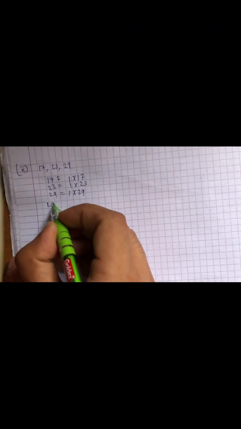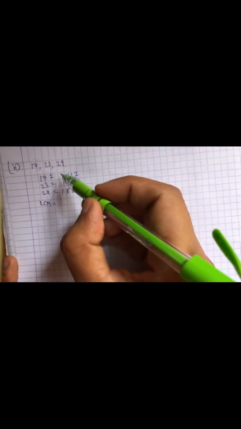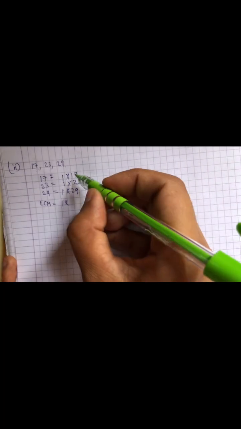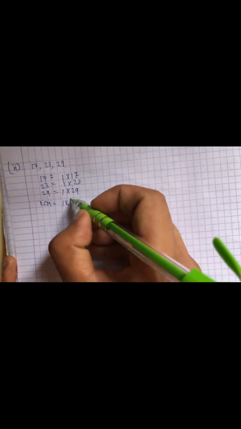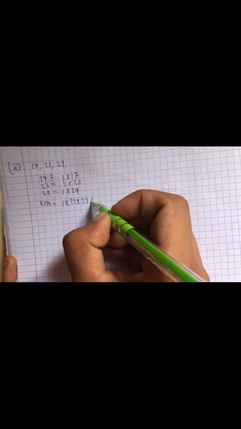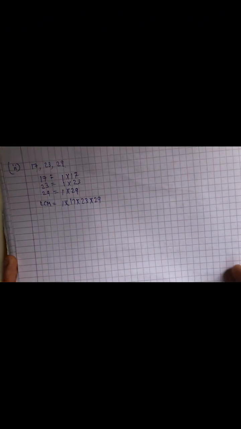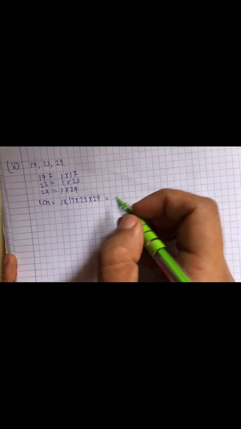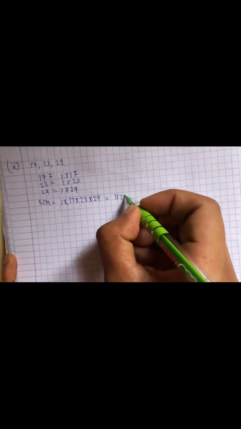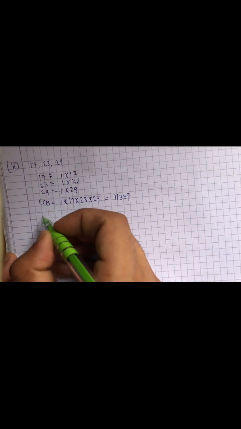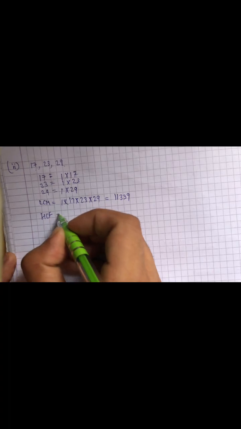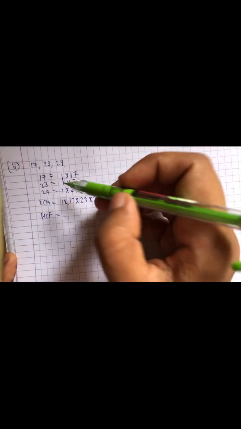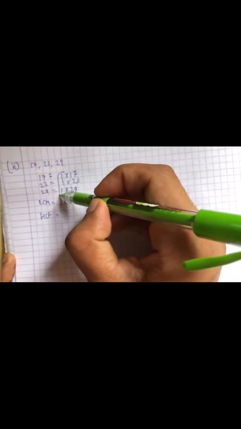So the LCM in this case is the product of these three numbers, because there is no other factor present. After multiplying, you will get 11,339. To find the HCF, the only common number present is 1.